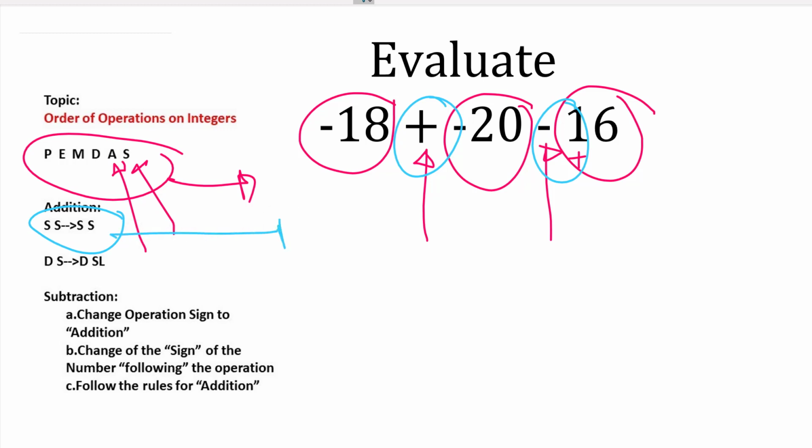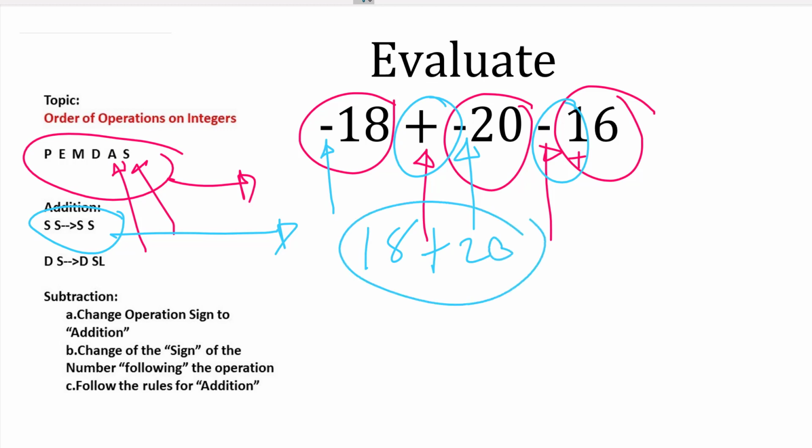The rule for addition is that if you have the same signs, in this case negative 18 and negative 20, then you can add these two. You take the sum of their absolute values, 18 plus 20, which is 38.